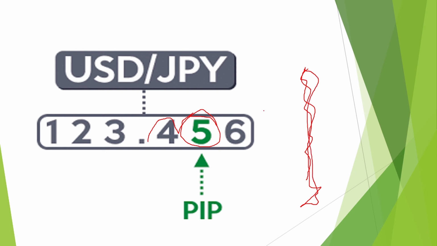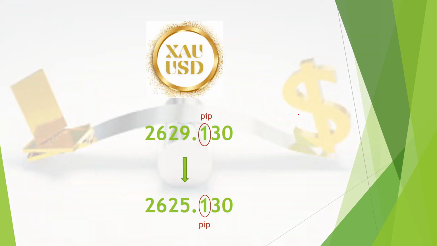You see some number here, then you see another thing pointing to this number, and it will be moving up and down, the current market price moving up and down. So if it moves up, this whole number will change in figure. Then you know, from this point, the current market price, to where it gets to now, you have to subtract this from this to give you the movement, either 5 pip or 10 pip.